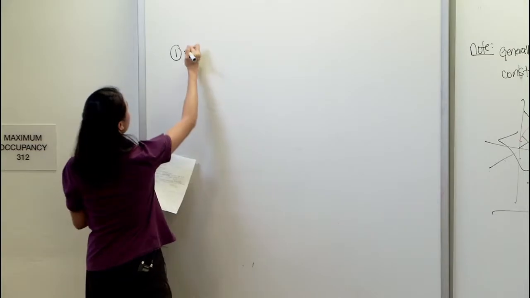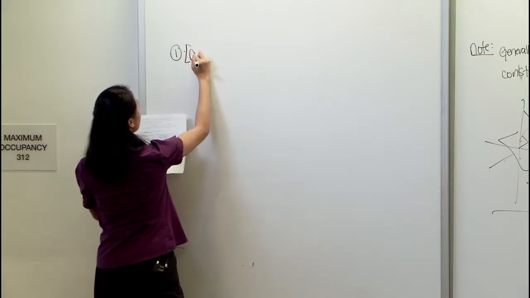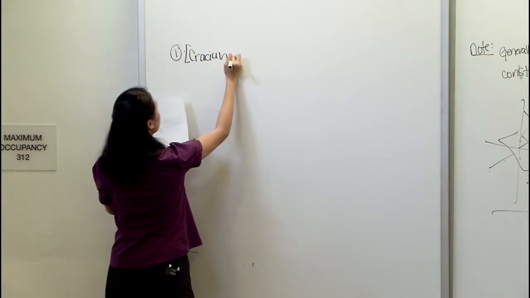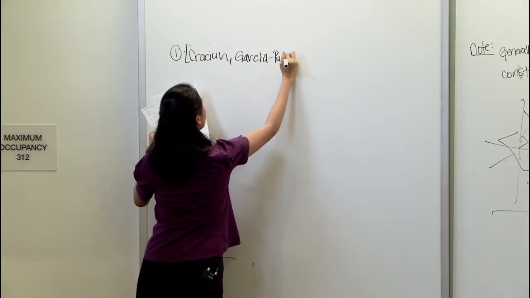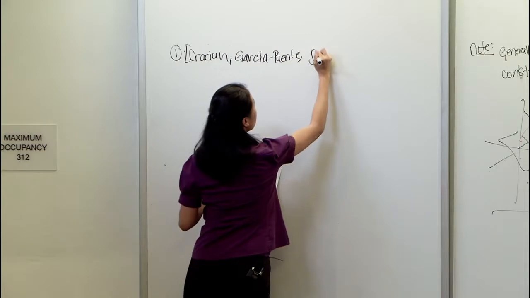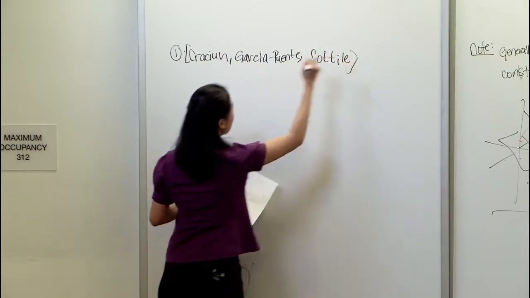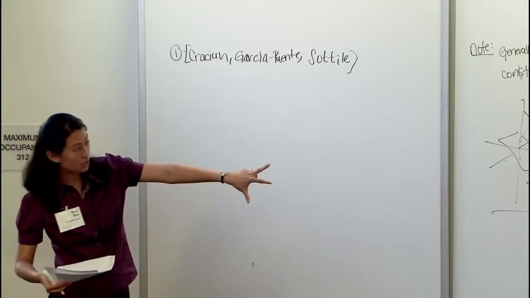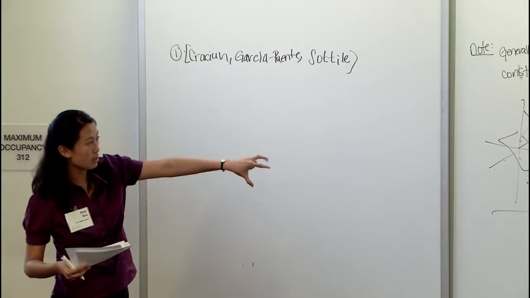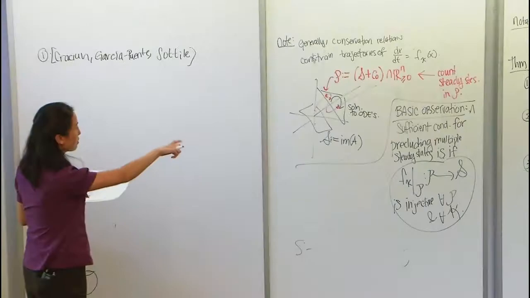Okay, so this part is not due to us, but rather to Craciun, Garcia, Puente, and Frank. And it says the following. It says, again, let's look at these determinants, and we can use this as a criterion for when you can solve this system.